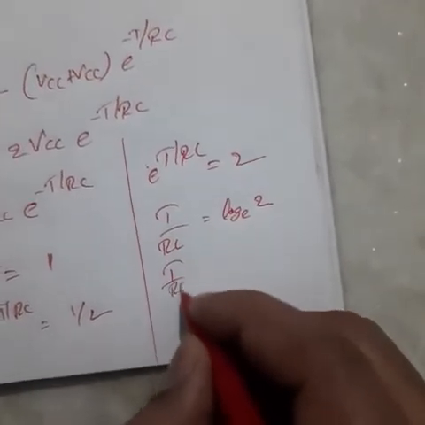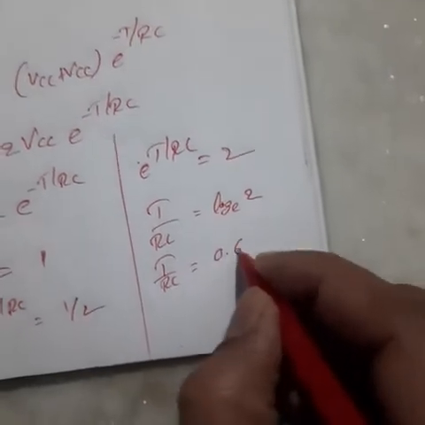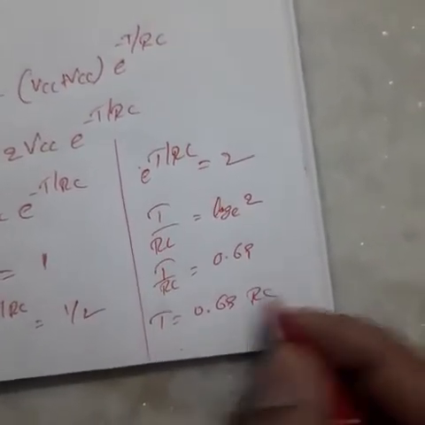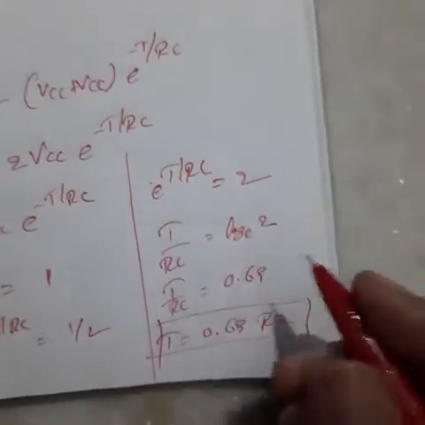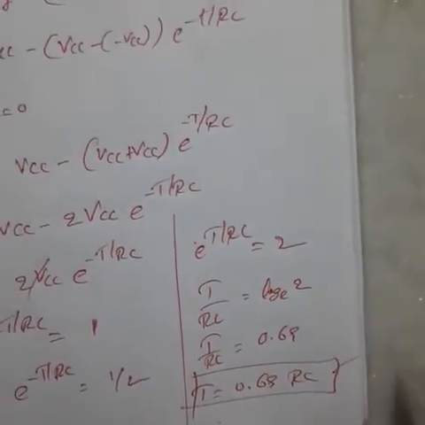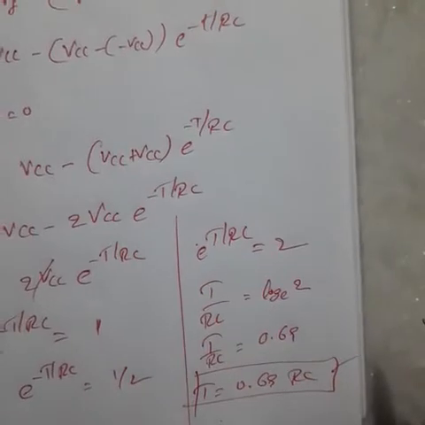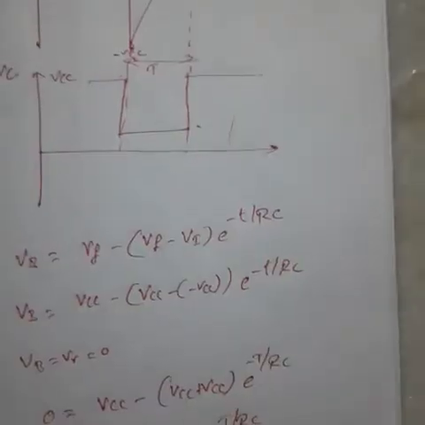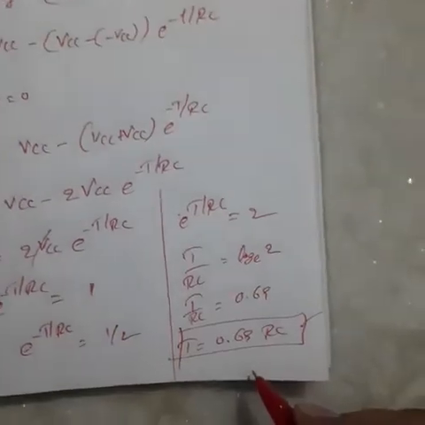Then T by RC equals log base e 2, which is 0.69. Then T equals 0.69 RC. This is the time period equation, or pulse width equation. Like this we have to calculate the pulse width.